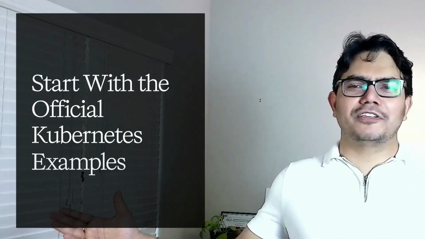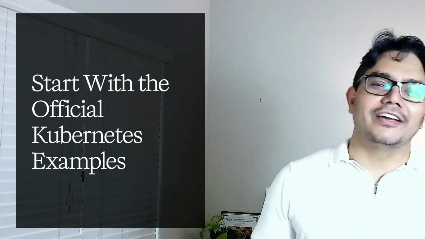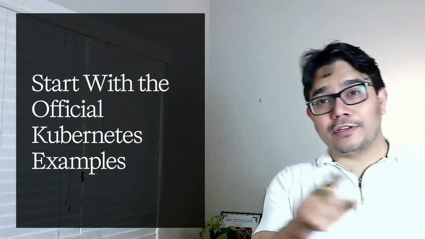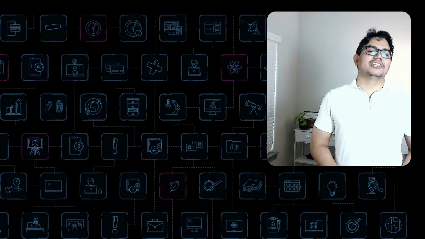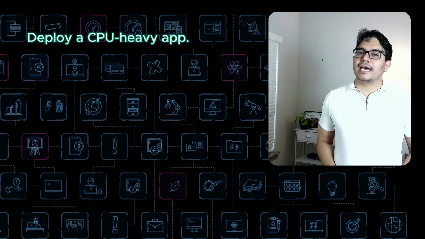Let's stop talking now and build it. We will start with Kubernetes' own official examples on kubernetes.io. We will copy them and change a few small things to fit our lab. Every time we change something, we will point it out and say why. Here's the plan. First, we will deploy a CPU-heavy app.